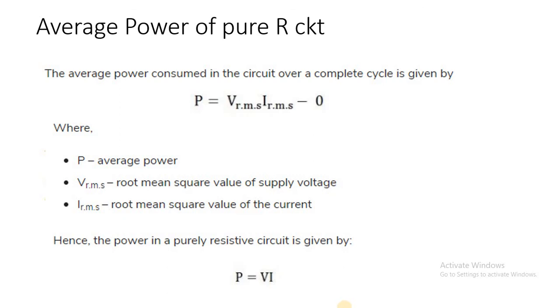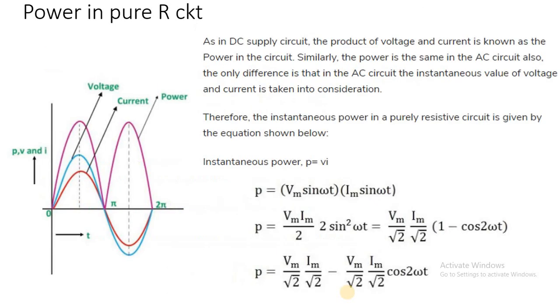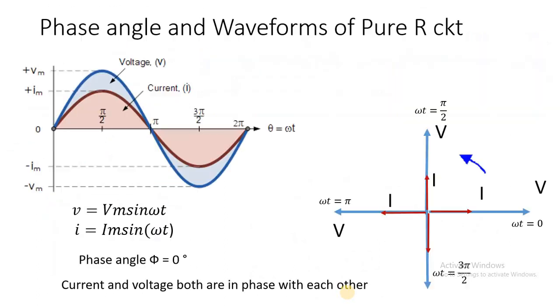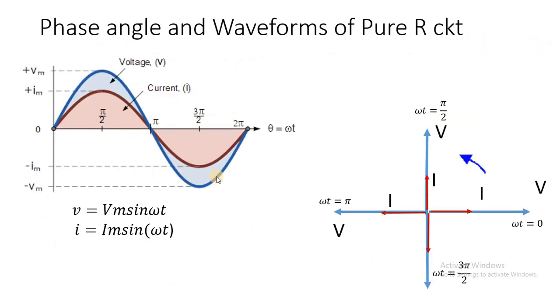What are the points we have seen in the pure resistive circuit? In a pure resistive circuit, the voltage and the current waveforms are in phase with each other. The voltage phasor and the current phasor are in phase with each other. The instantaneous equations are V equal to Vm sin omega t, I equal to Im sin omega t.